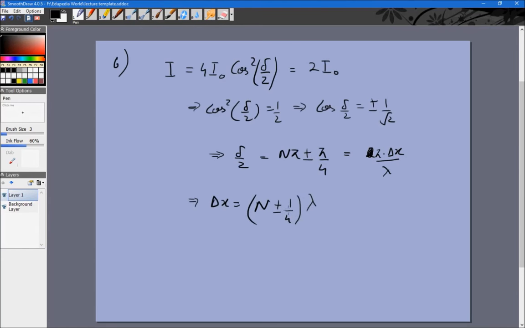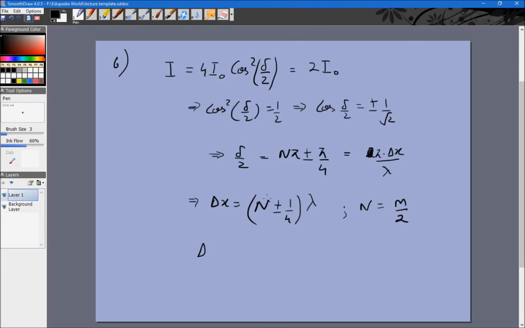But this doesn't seem to be any one of the options. So the options are all in terms of 2n. So what we can do is, we can just take n is equal to m by 2. Now this is true for any integer, whether this is odd or even. If n is an integer, then 2n will also be an integer, right? Which is m. So we'll just take m is equal to 2n. I'm only doing this to match with one of the options, right? So this as an answer is completely acceptable.